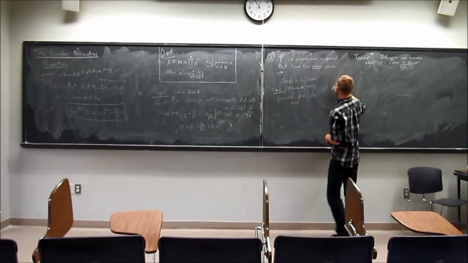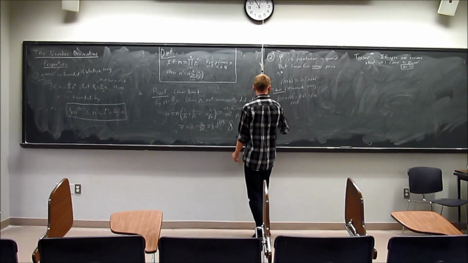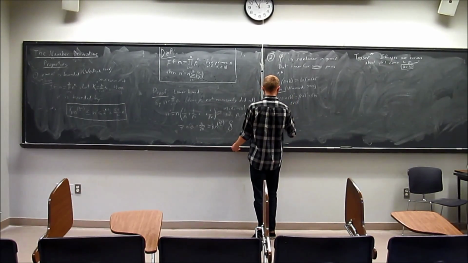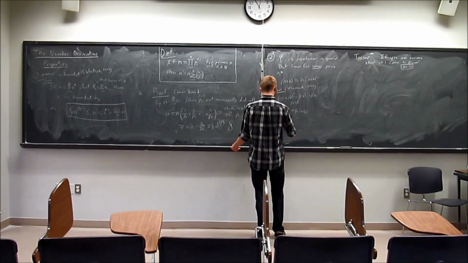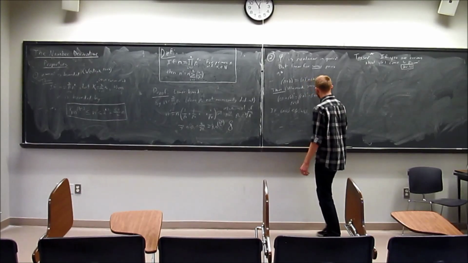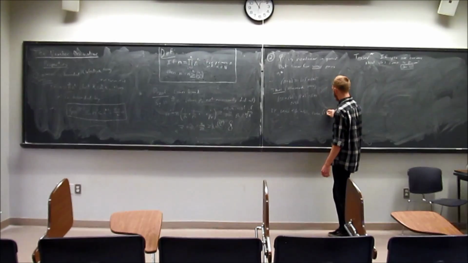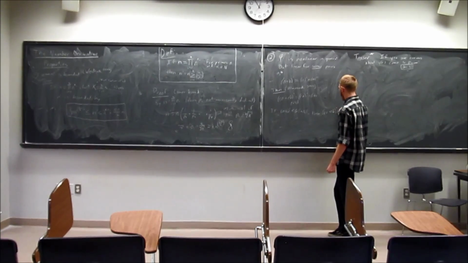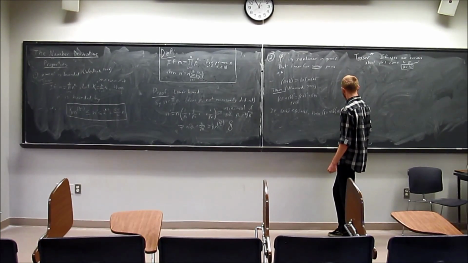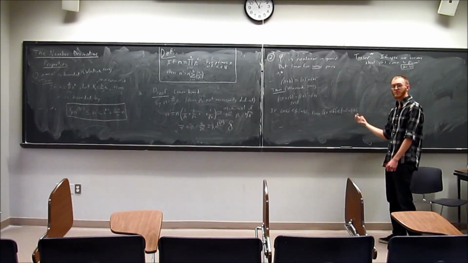So if (a plus b) prime is less than or equal to a prime plus b prime, less than, and you multiply by c to both, and the same for greater than.